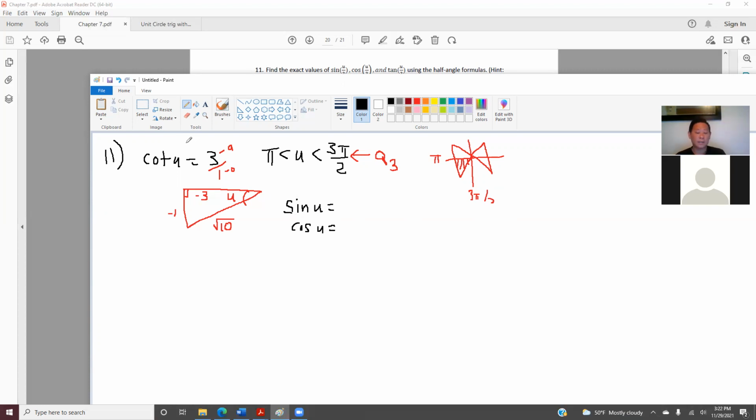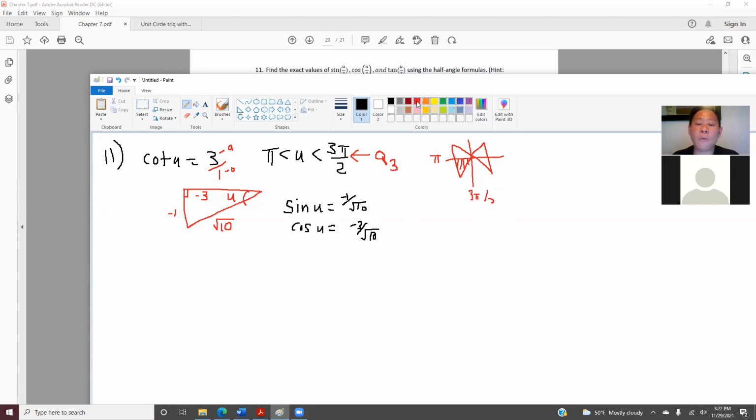So what is sine u in this case? Negative 1 over square root 10. And cosine u is negative 3 over square root 10. Yep. Again, we just leave this, do not rationalize.